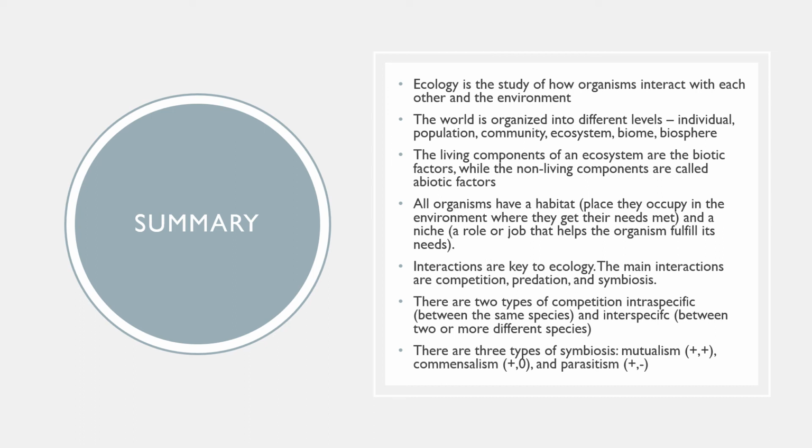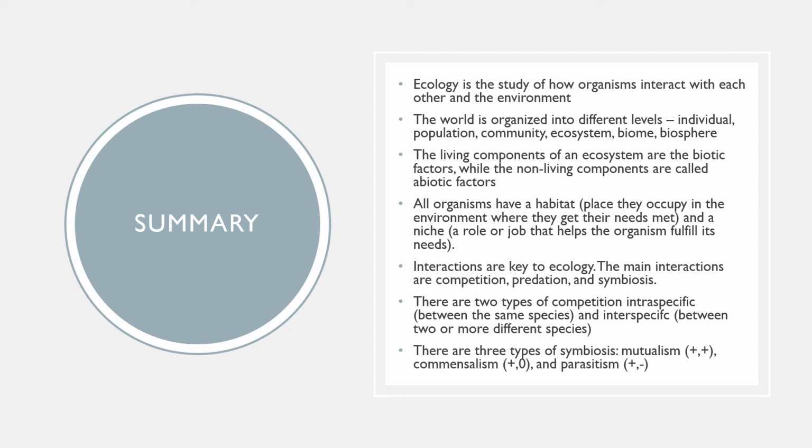All organisms must have a habitat and a niche. The habitat is the place that they occupy where they get their needs met. The niche is the role or job that the organism fulfills to help it get its needs met. Interactions are the key to ecology.